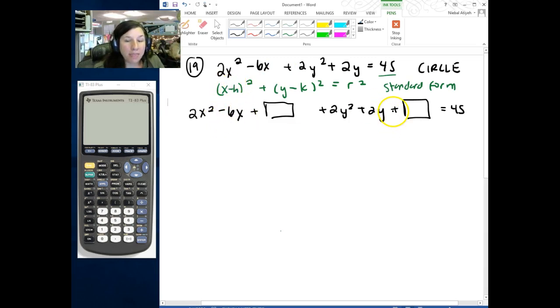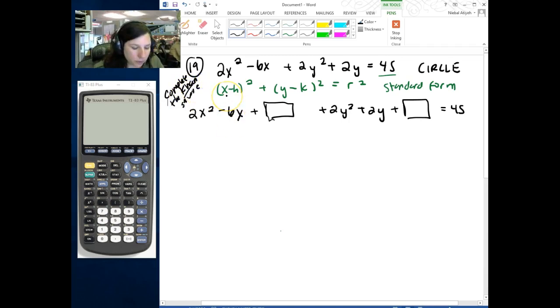That method is called completing the square, which is part of the chapter on quadratics in your book. So if you need to refresh on how to do that or learn that technique, you can go to your Khan Academy SAT practice to check that out also if you need some background help.